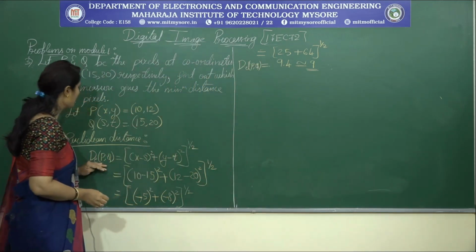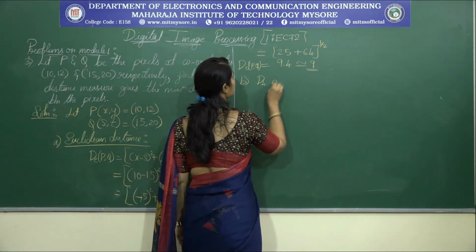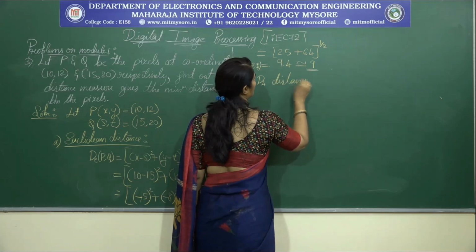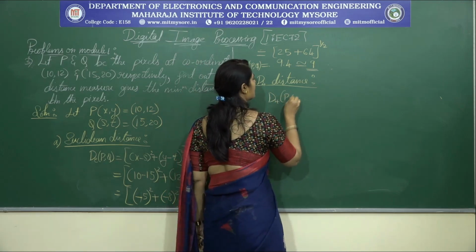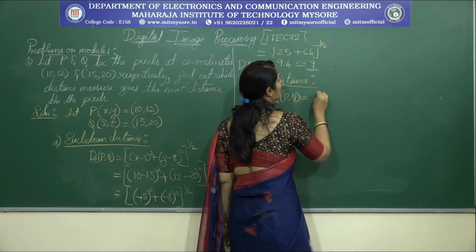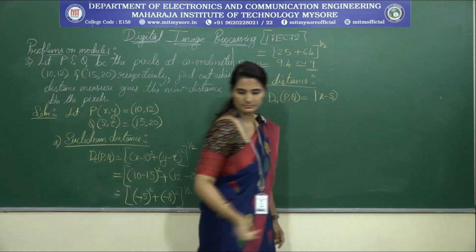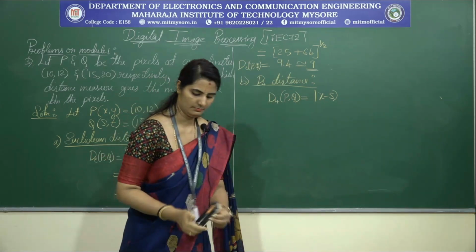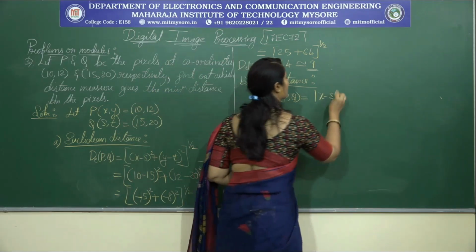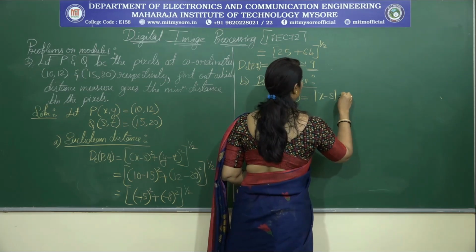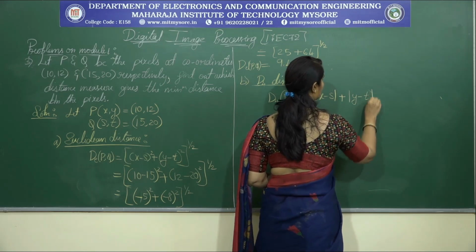So now let us find out D4 distance. The next type of distance measure is D4 distance, and the formula for D4 distance between P and Q is equal to the magnitude of x minus s plus the magnitude of y minus t.